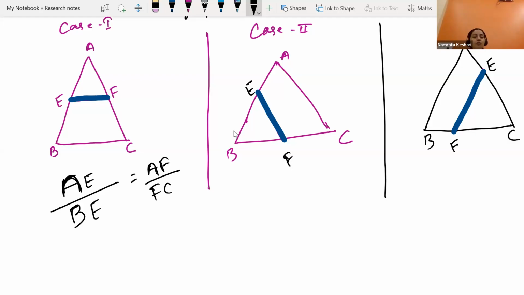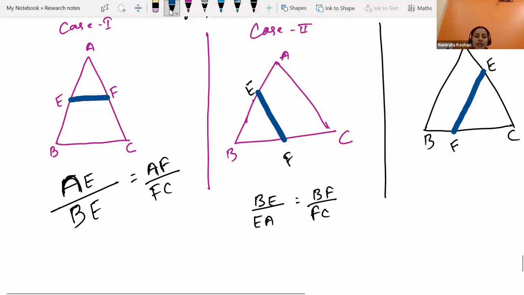That means do we want to say that BE by EA is equal to BF by FC? Yes, we want to say the same. Or if you want to take from that side, you take first AE, then BE, and here also take it in the same manner, CF by FB. Getting it?